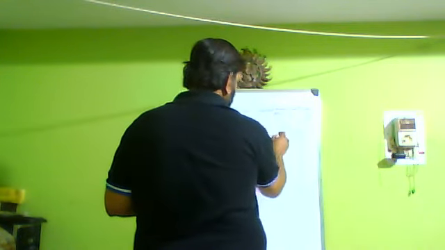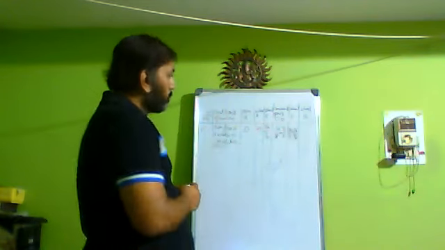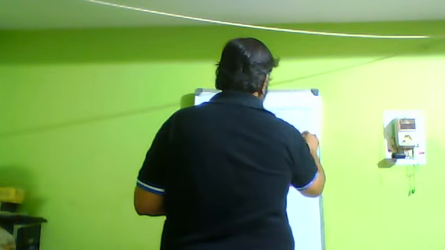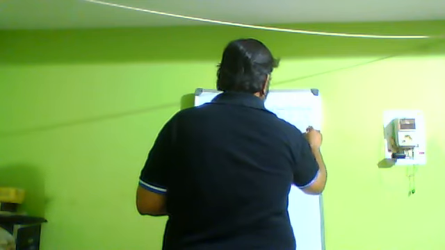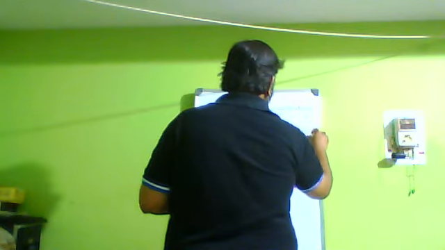And for gear F, TE gets cancelled. Whatever remains is TA by TC into TD by TF. This is rotating in the counterclockwise direction, therefore it is positive. Next is TA by TC into TD by TF into TF by TB.